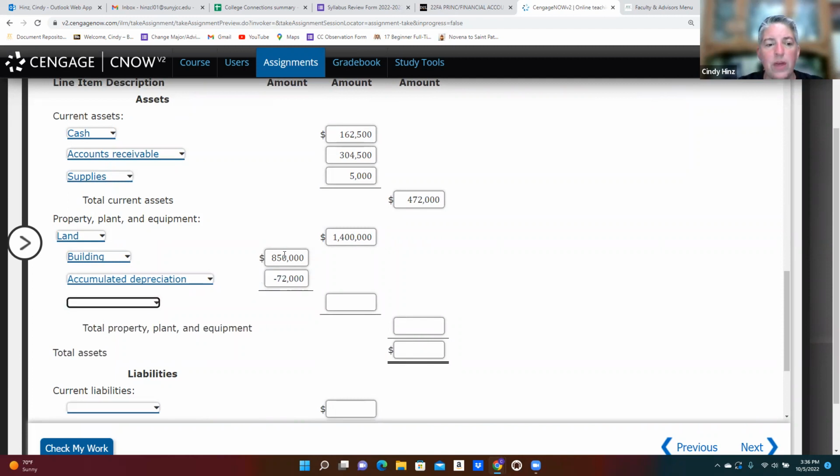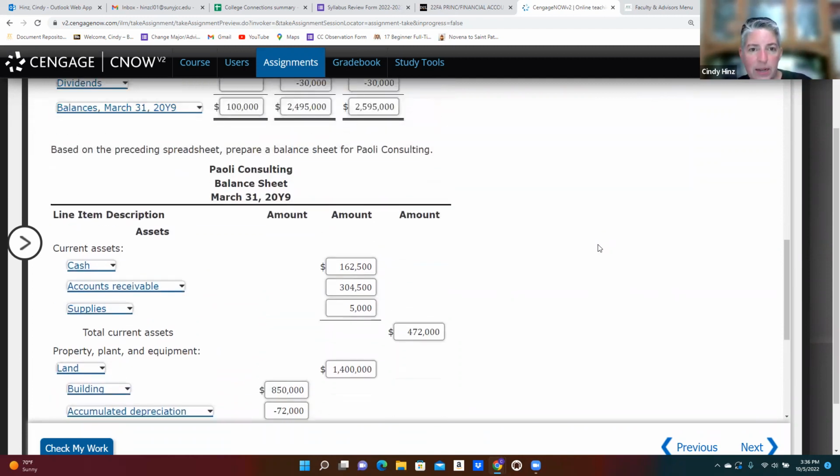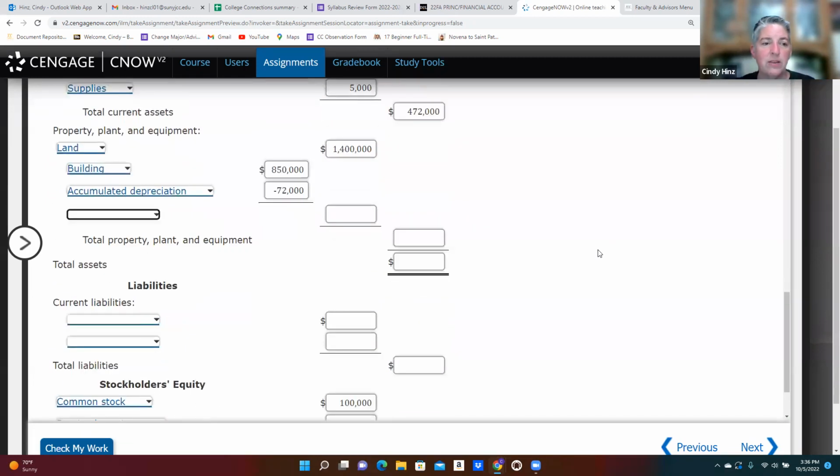And probably show that with a negative to remind you to subtract. Doesn't say we have to use a negative, but it will maybe be helpful for you to remember that that depreciation does reduce the book or carrying value of the building. And so we paid 850,000 for it, but we've already used up or recorded as expense 72,000 of that, leaving just 778 as the book or carrying value of that building. We'll talk more about that when we get to chapter 9, which is all about long-term assets.